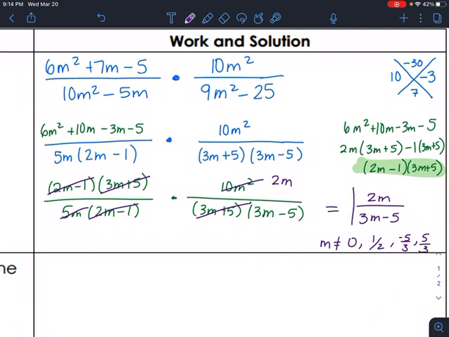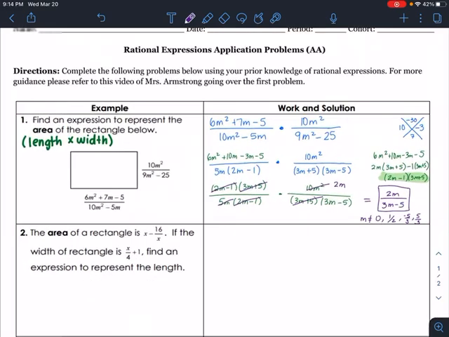But the main thing I want you to get to is this 2m over 3m minus 5. So the area of this rectangle, which is the inside, is 2m over 3m minus 5.